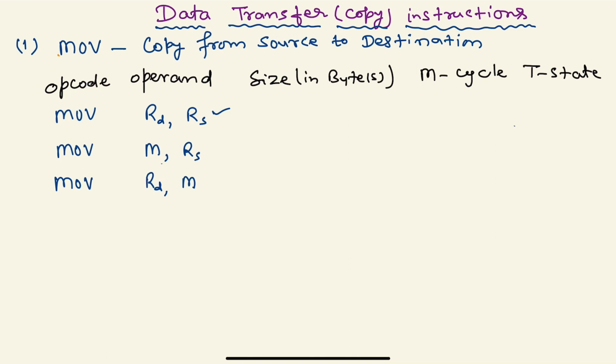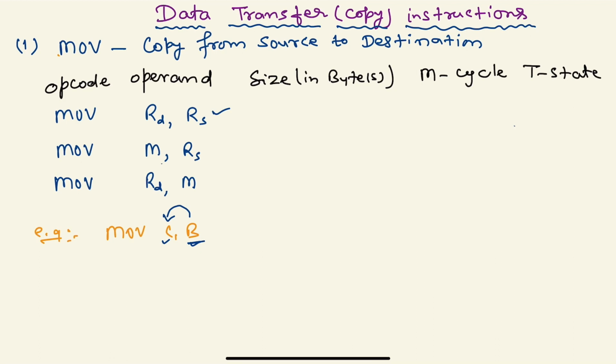For example, MOV C, B. Here C and B are both processor registers, and it will copy the content of the B register into the C register without making any change to the content of the B register. Both sides are registers, which are called processor registers.